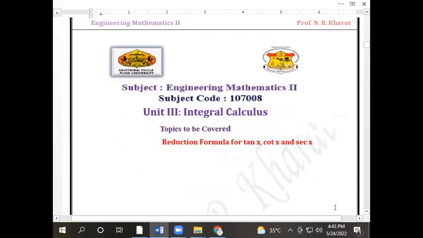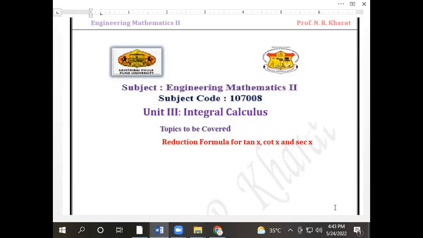Today we will just continue with reduction formulae, and today we will cover reduction formulas for tan x, cot x and sec x.